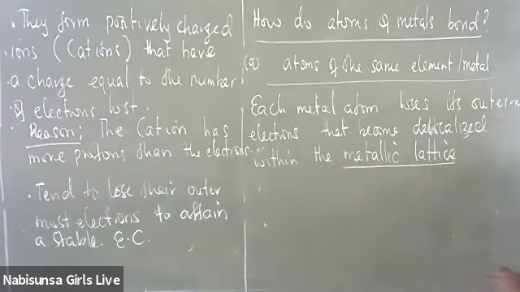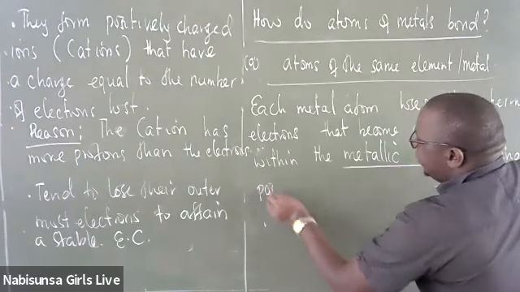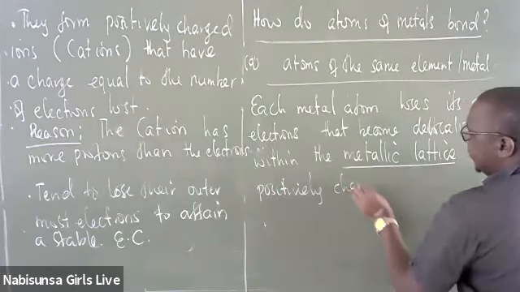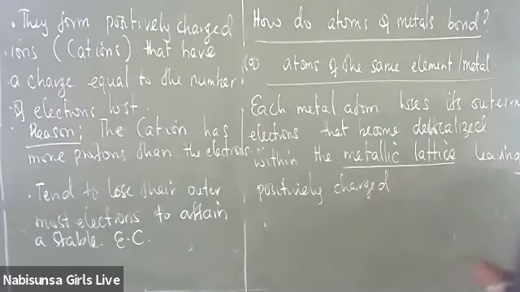Each metal atom loses its outermost electrons that become delocalized within the metallic lattice, leaving behind positively charged particles. Ions. Can I call them ions? They're called cations.